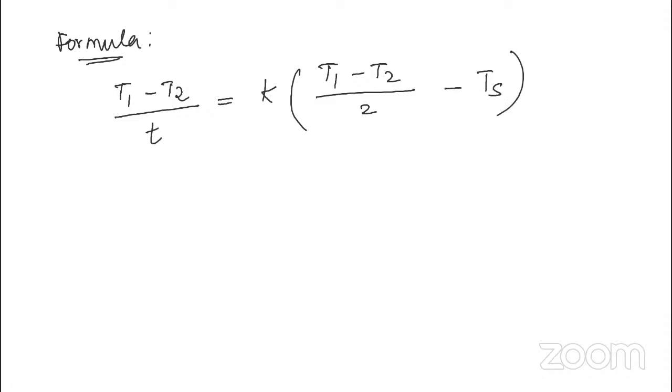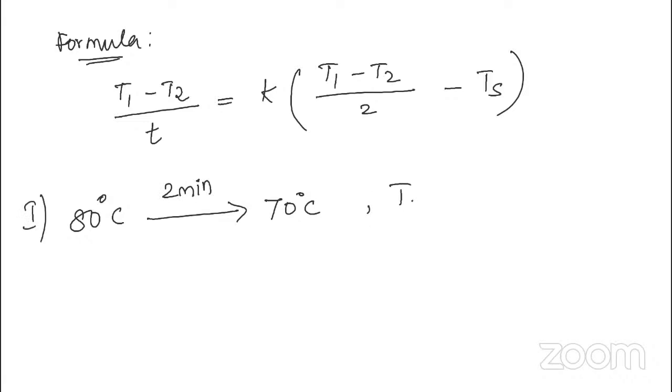In that problem, they are asking: a hot liquid in a beaker cools from 80 to 70. So first we deal with 80 degrees centigrade to 70 degrees centigrade. It takes 2 minutes to cool, so this is our first case. Here the surrounding temperature is given, that is 30 degrees centigrade.